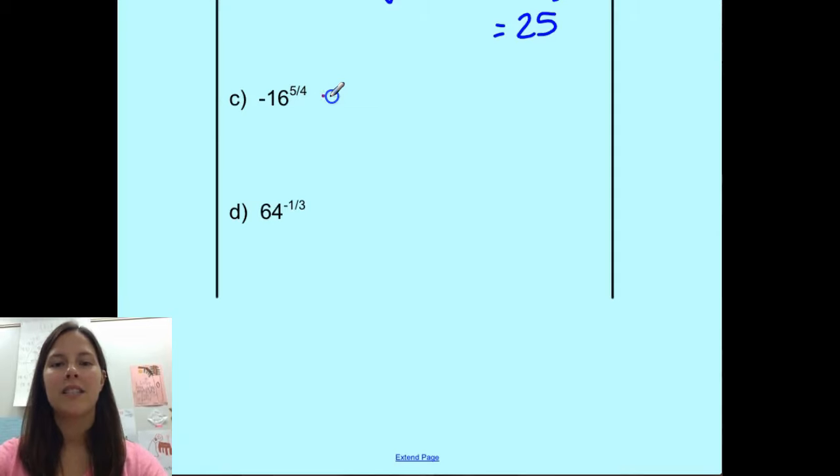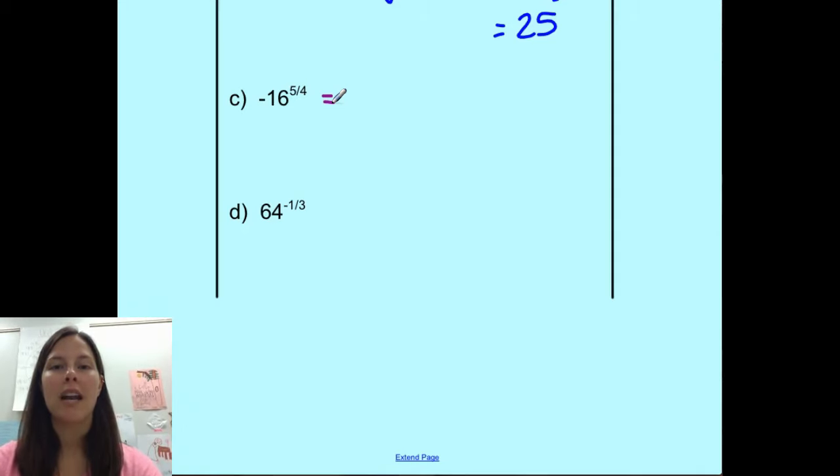Next, we have negative 16 to the 5/4 power. Notice this time that that negative is not grouped with the 16. This is an order of operations issue that a lot of students struggle with, because we see a negative number as being one entity. Order of operations sees a negative sign as multiplication by -1.